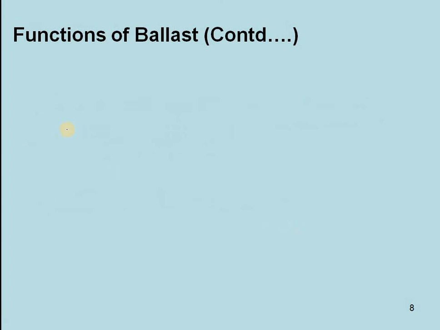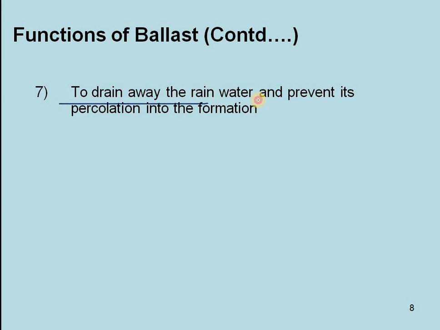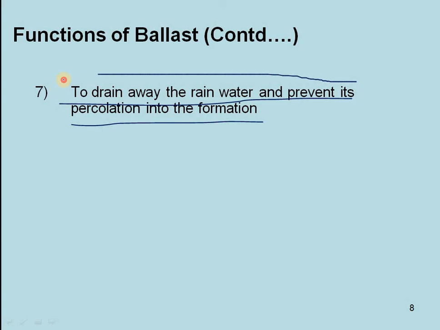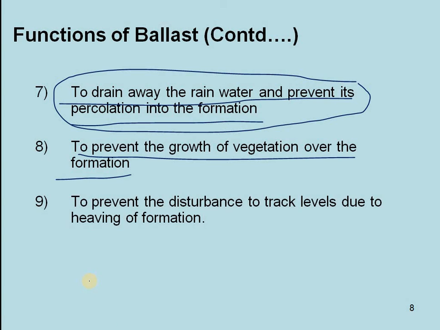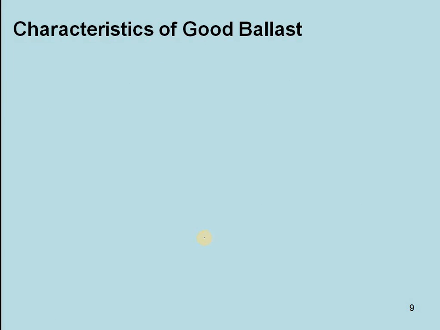And to drain away the rainwater and prevent its percolation into the formation. So the rainwater will not be stored in the ballast. And to prevent the growth of vegetation over the formation, and to prevent the disturbance to track levels due to heaving of formation.